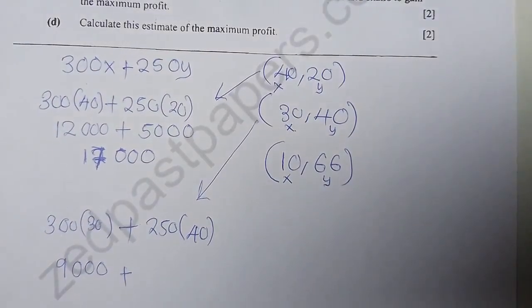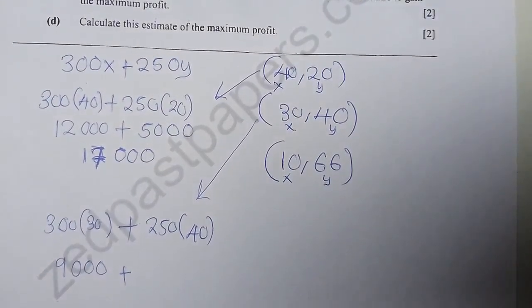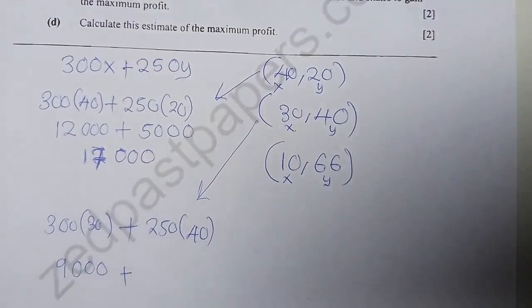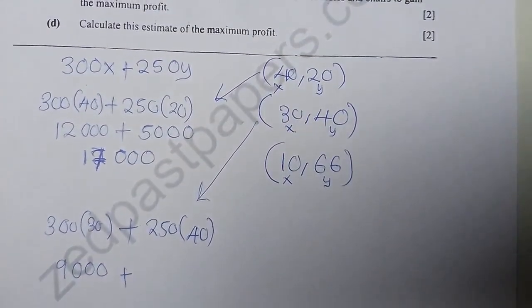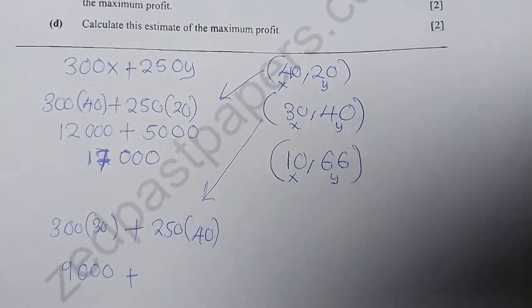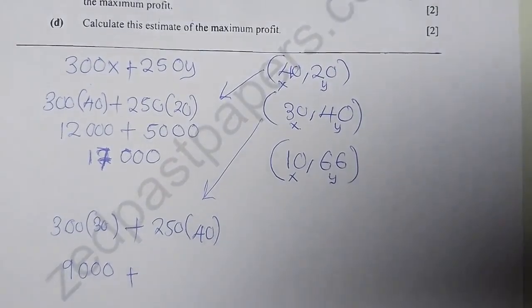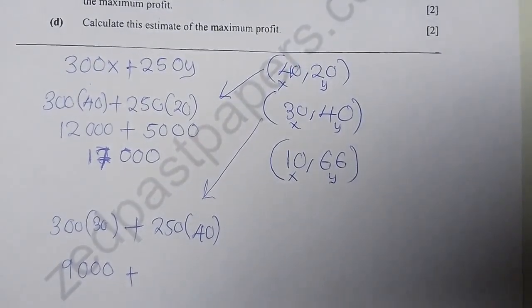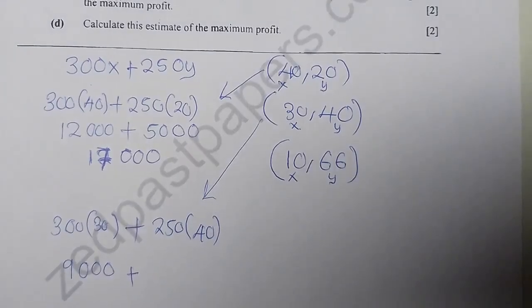So we are going to get 9,000 plus that one there. If we multiply that one, which value are we getting? We say 250 times 40.